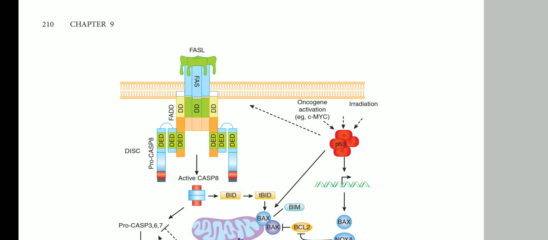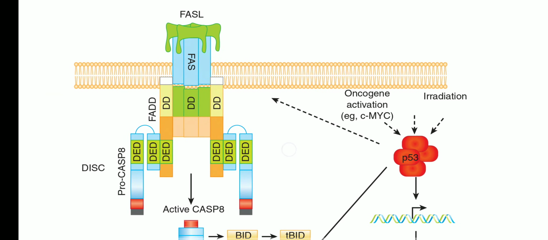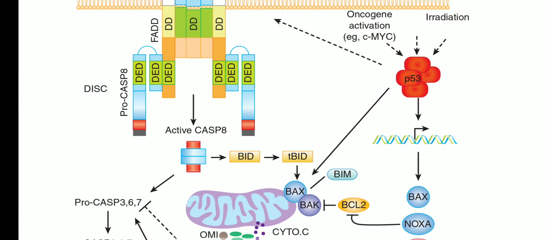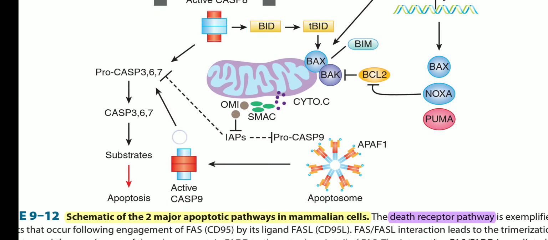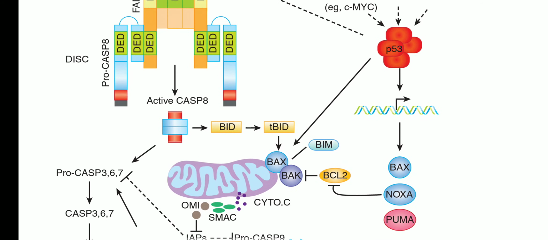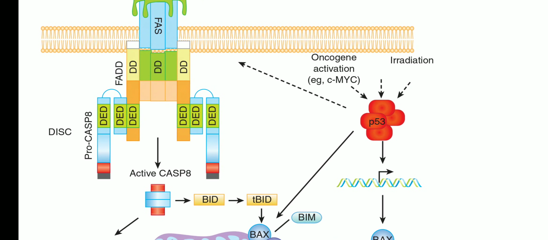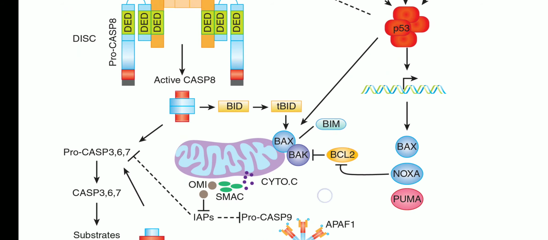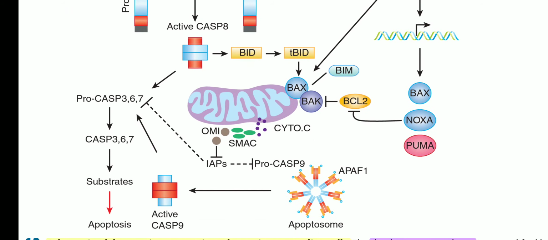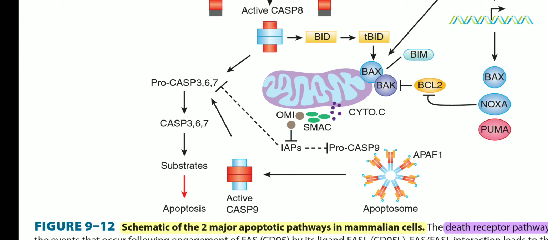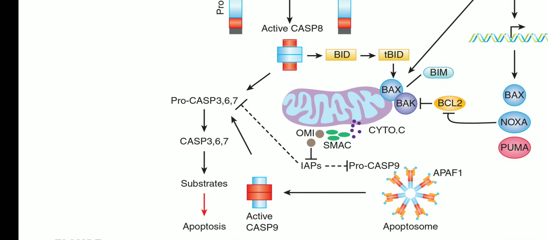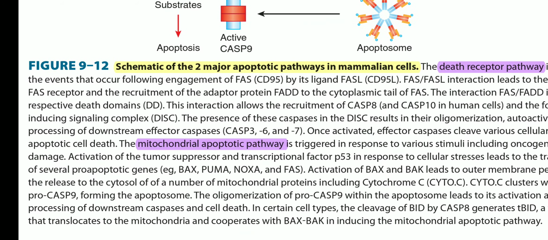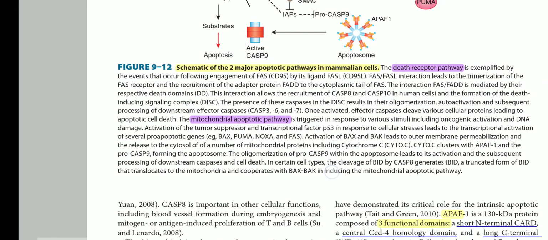Here is a picture: the death domain from Fas activates procaspase 8, then caspases 3 and 7, acting on substrates, leading to apoptosis. In the intrinsic mitochondrial pathway, p53 is activated, which leads to Bax, cytochrome C release, formation of the APAF-1 apoptosome, caspase 9 activation, then executioner caspases, and then apoptosis.